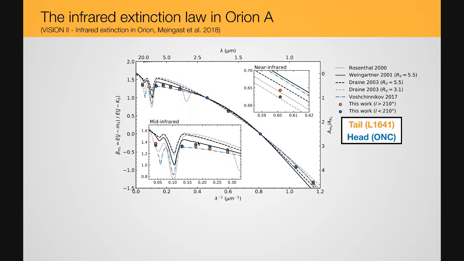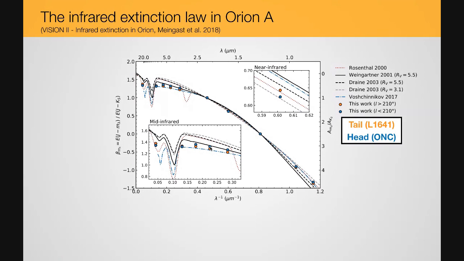The main difference between these two models is that the lower line uses very, very large dust grains. So you could argue that just to reproduce the mid-infrared extinction law, you need overall larger dust grain sizes. Or in other terms, to reproduce this offset between the blue and the orange dots, you also need an increase in dust grain sizes.